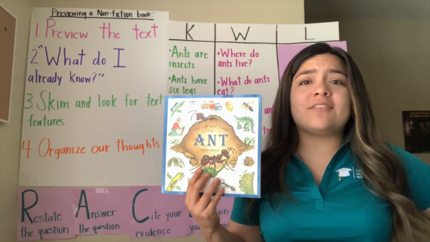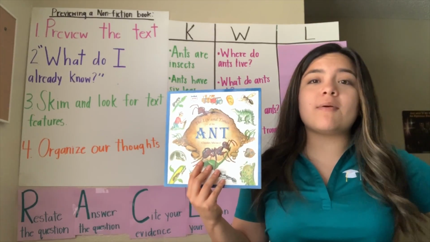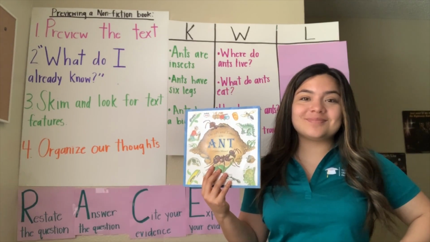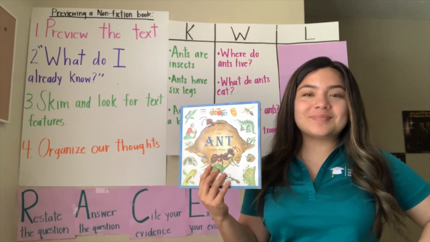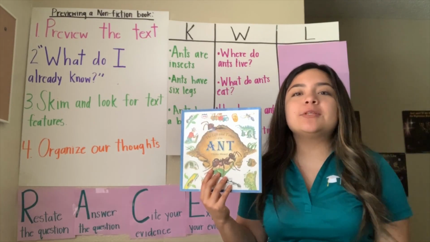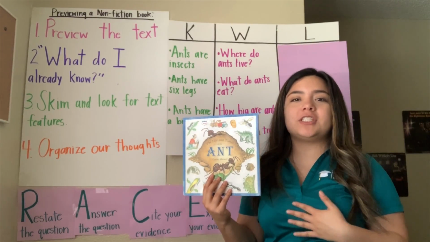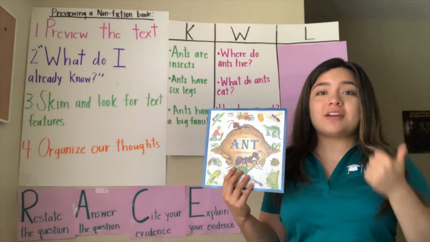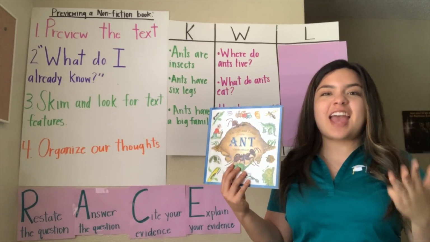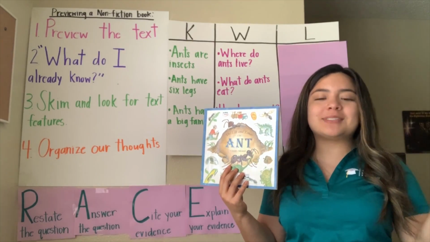All right, and if you have those text features in your head, you can go ahead and shout them out. Yeah, so some of those text features that we saw in our story today were our table of contents, labels, diagrams, and headings. Awesome job, scholars!